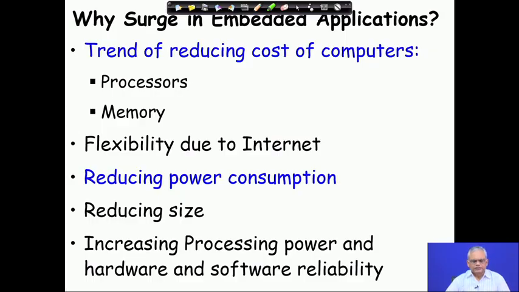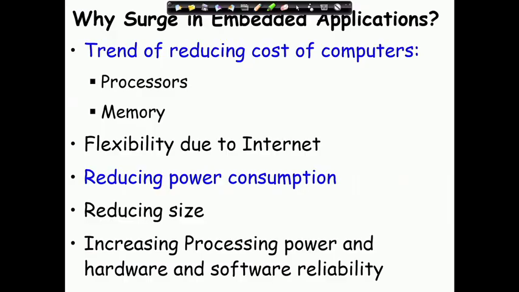The internet has come in, and there is tremendous flexibility for different computers to communicate with each other, and also the power consumption of the processors and memory has drastically reduced. Earlier, the computers were using so much power that a battery operated computer was far fetched, but now an embedded processor may work for months or years on battery.